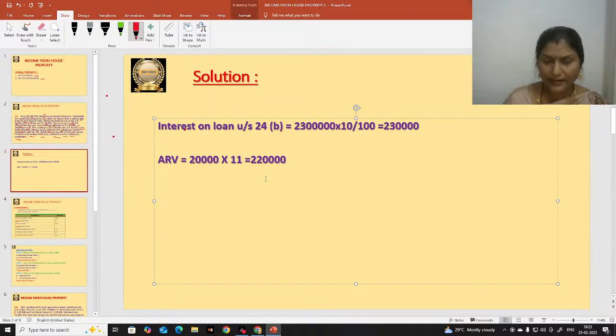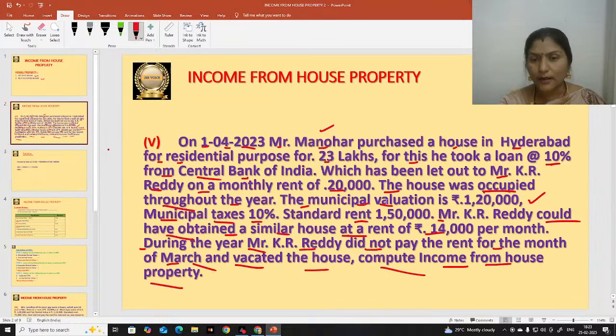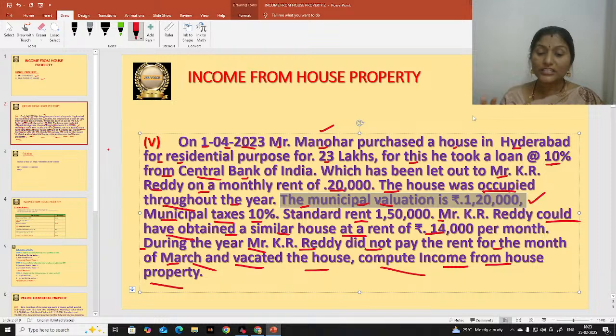Next, we will write municipal rental value, MRV. Municipal rental value short form is MRV. Let us take that from the question. So here MRV is how much? You can see here, fifth line. I am highlighting. The municipal valuation is 1,20,000.